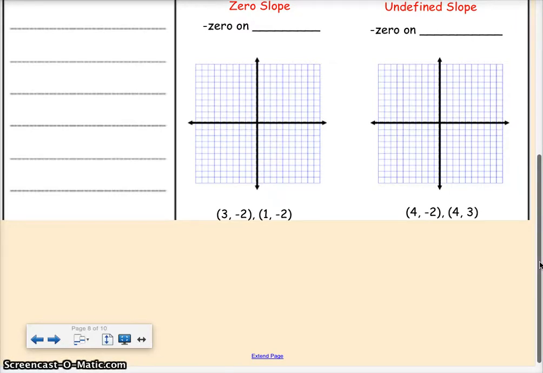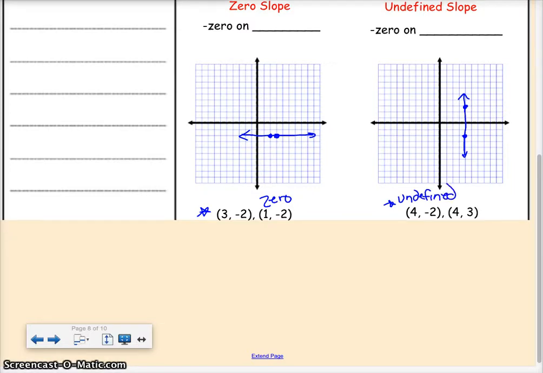I'm going to pause this. Okay, so our special slopes, we went ahead and plotted this set. This set is a horizontal line, which means it's a 0 slope, right? That second set is a vertical line. Vertical line means undefined.